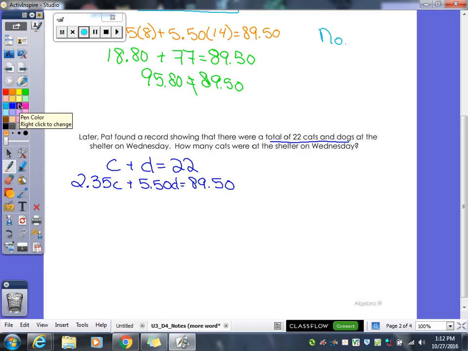I would use the elimination method for this. The question only wants to know, though, how many cats there were. So what should I multiply this first equation times? Negative what? 5.50. What's in front of D in the other equation? That's what we want to multiply times.